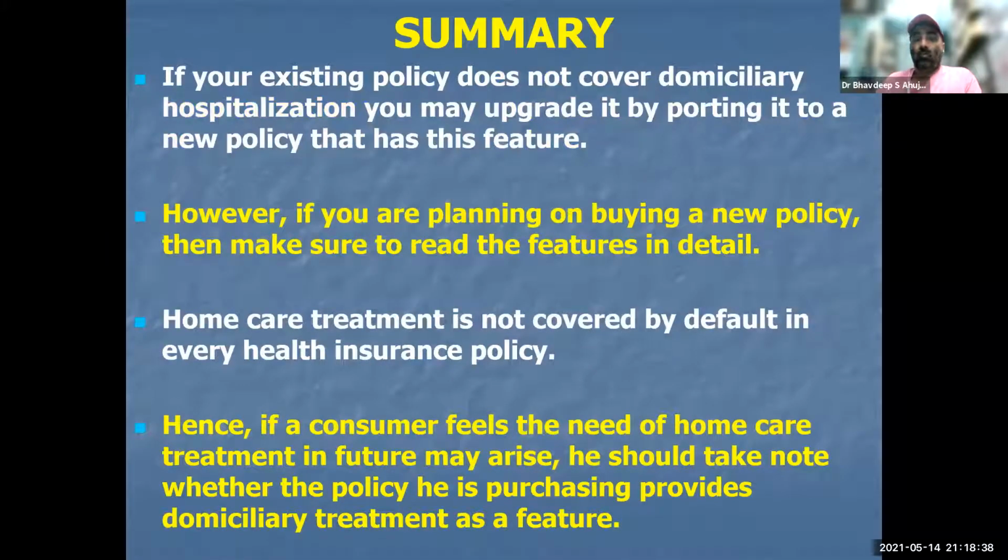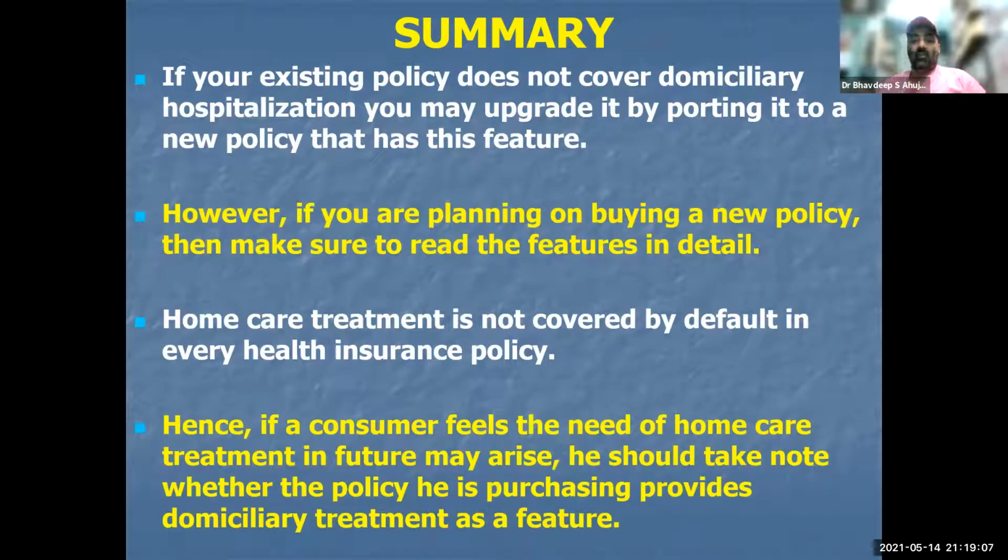So even if your current company is not offering it, you can port your policy to another provider. Porting is possible, and then you can upgrade it with the newer features you are having in today's policy. Obviously all the good known policies, the list of 5 policies that I gave you, are covering domiciliary hospitalization for sure.